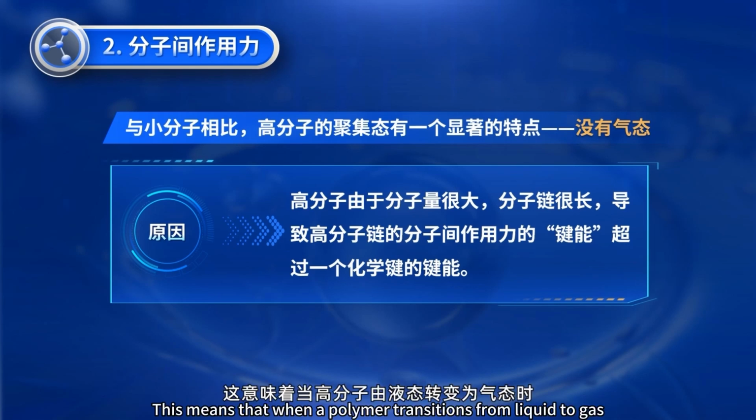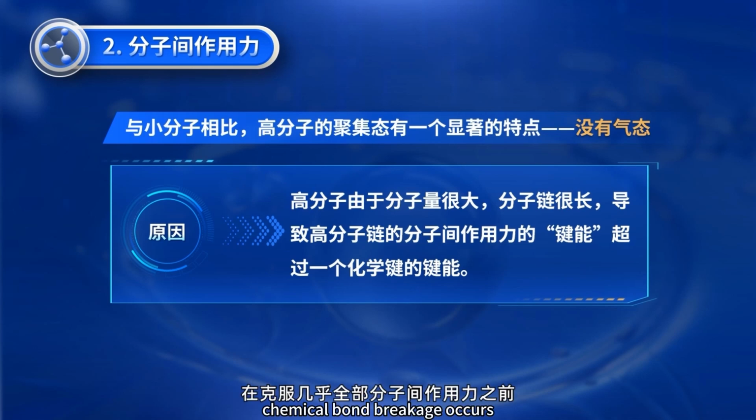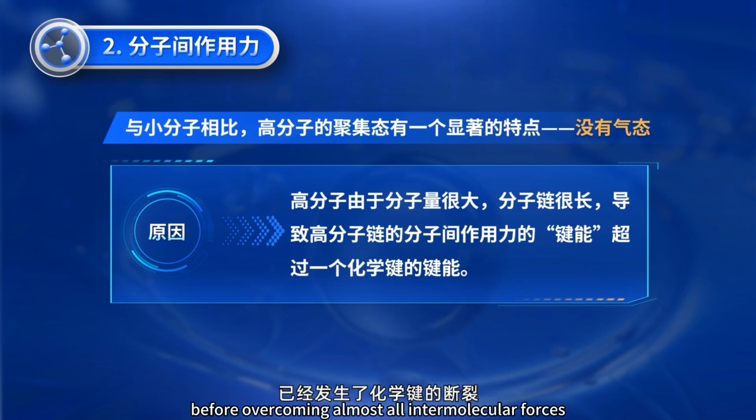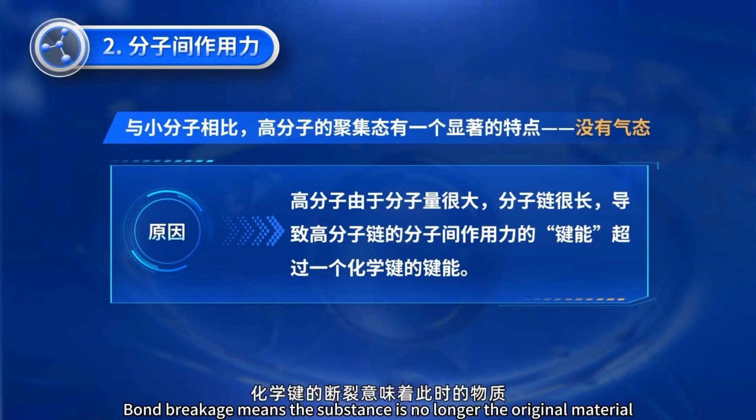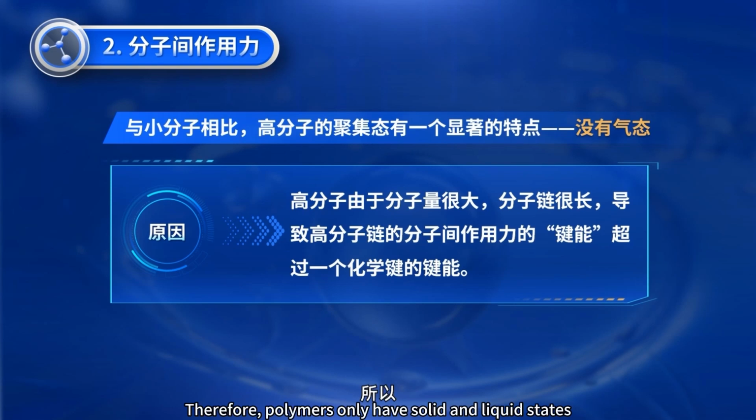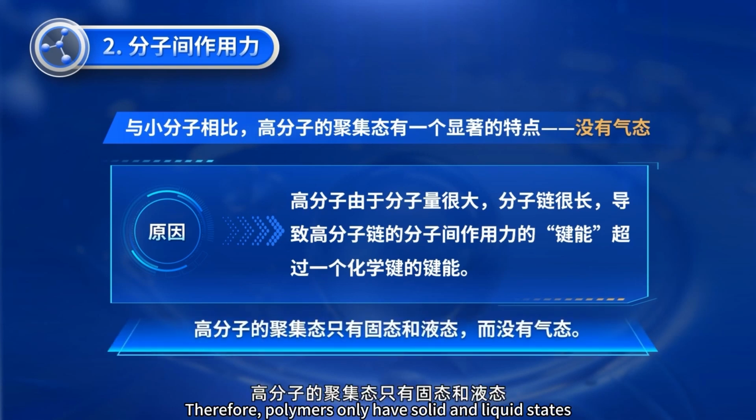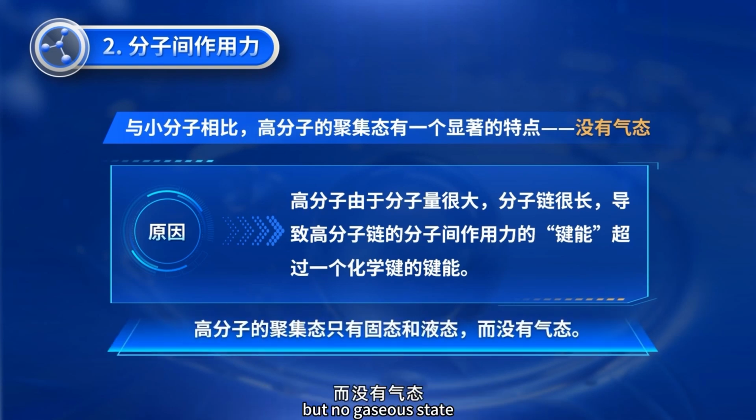This means that when a polymer transitions from liquid to gas, chemical bond breakage occurs before overcoming almost all intermolecular forces. Bond breakage means the substance is no longer the original material. Therefore, polymers only have solid and liquid states, but no gaseous state.